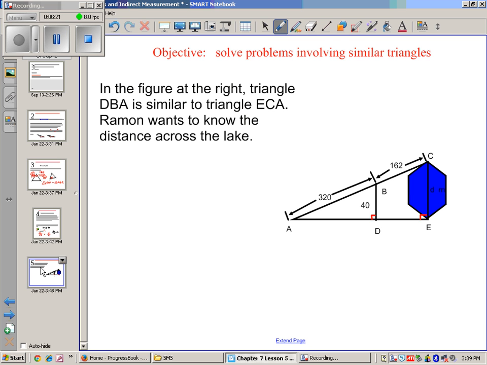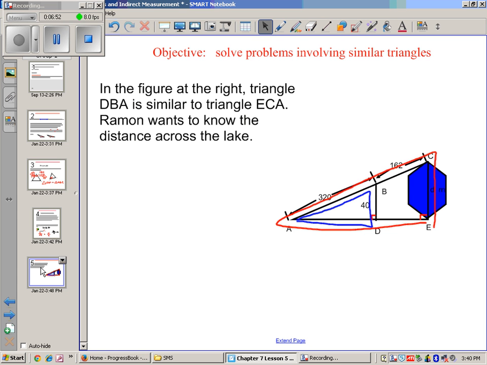We have DBA, which is this inside triangle right there, and then we have our larger triangle, ECA, which contains all of this. They are similar triangles, so they do have two angle measurements in common. So once again, we are going to make a proportion, cross multiply, divide, and solve for our D.